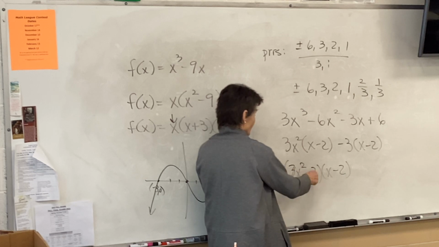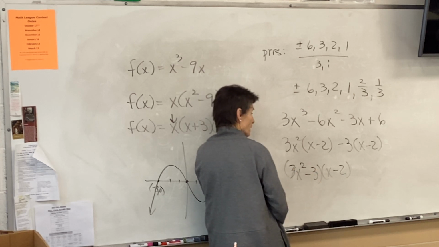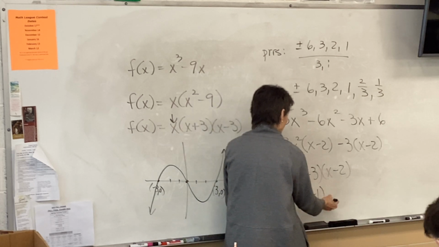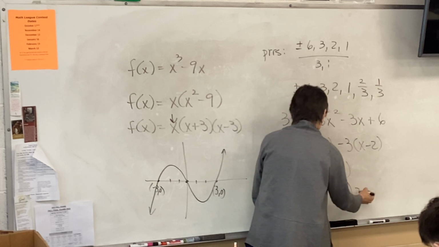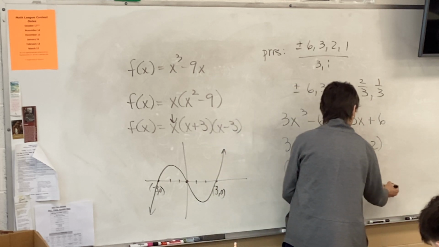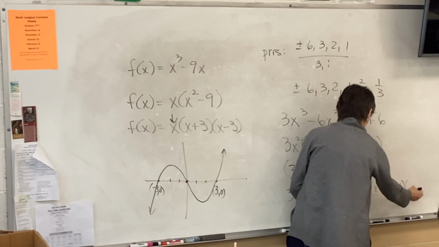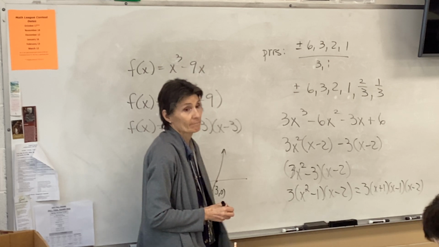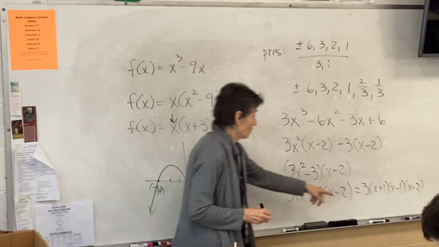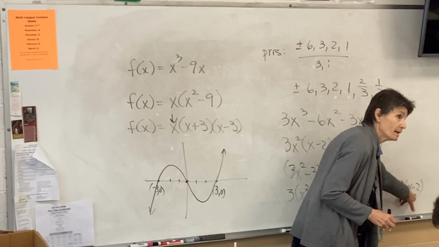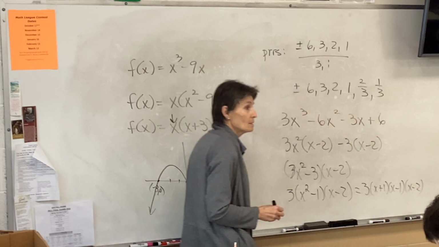What can I do with that 3x squared minus 3? We have a 3. Oh my gosh. And what can I do with that? x plus 1, x minus 1. So what are the answers to the problem? Negative 1, positive 1, and positive 2.